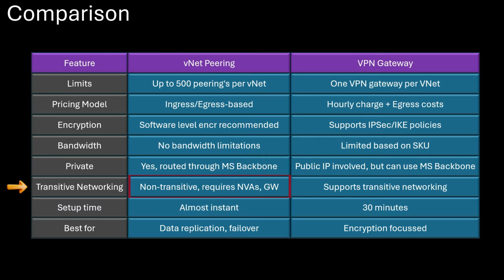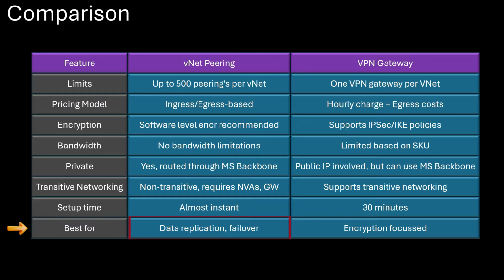Peering is non-transitive, meaning if you need a hub and spoke design, you will need network virtual appliances or a gateway. Meanwhile, VPN gateways can support transitive networking if border gateway protocol is enabled. If speed is a concern, peering is nearly instant, while a VPN gateway setup takes around 30 minutes.